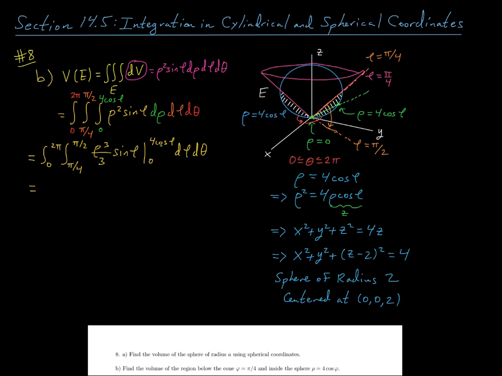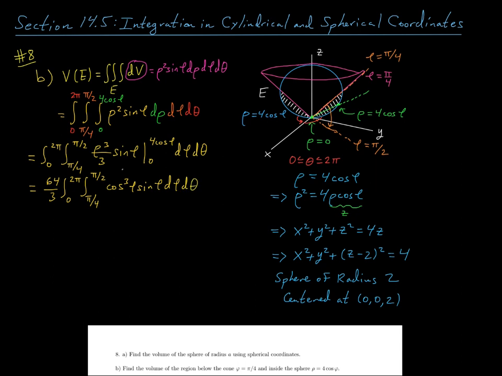All right, so now when I plug in 4 cos phi in for rho, I'm going to get a 64 cos cubed phi over 3, and I'll bring the 64 thirds out front. So we are now looking at the following, okay? So we're going to get a cos cubed phi sine phi, and then we have d phi d theta. Okay, great.